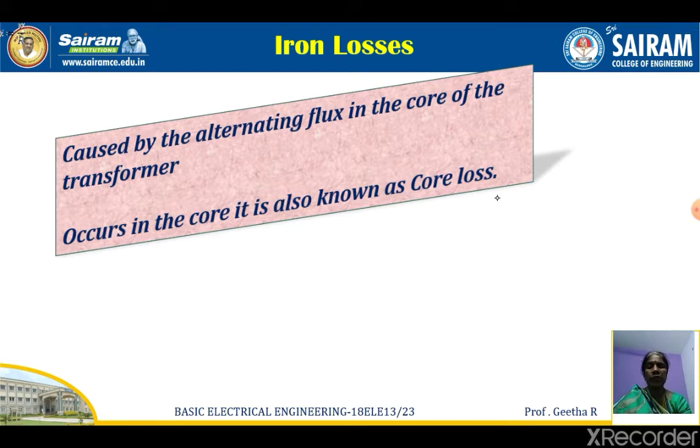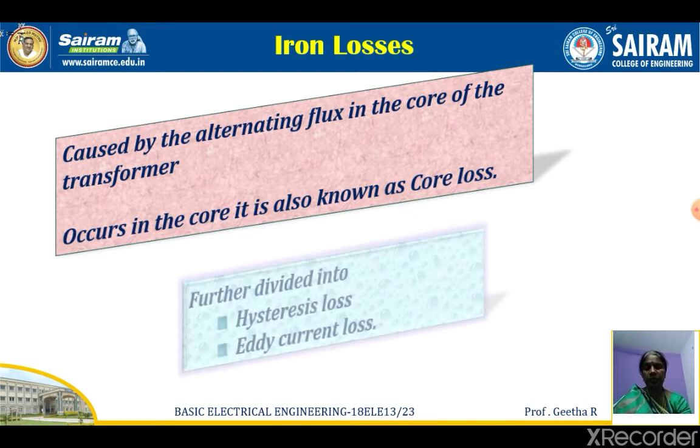So, for a transformer which works on alternating current, whenever an alternating voltage is applied, the alternating flux will be induced in the core of the transformer. The losses associated with this alternating flux, especially in the core, are also called core loss.